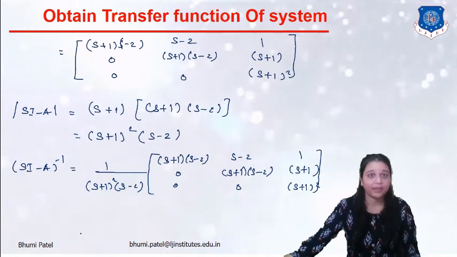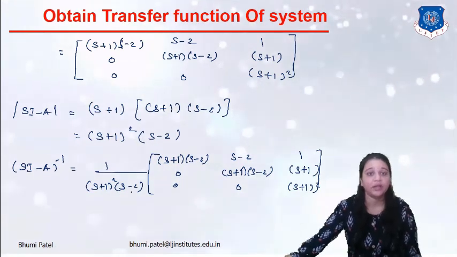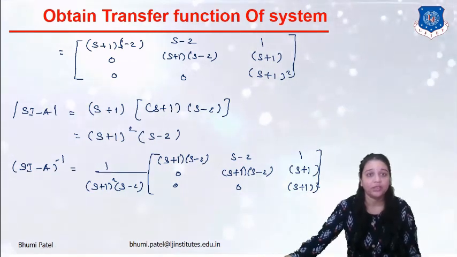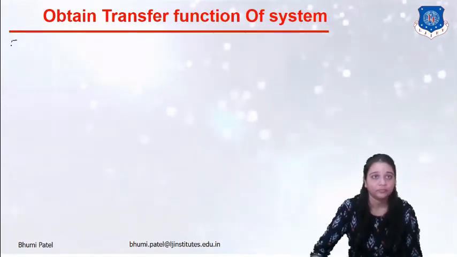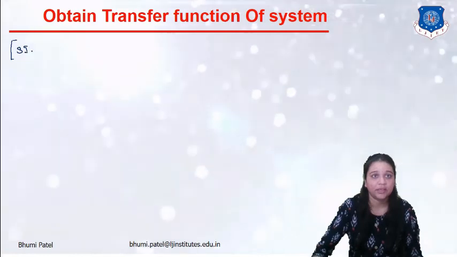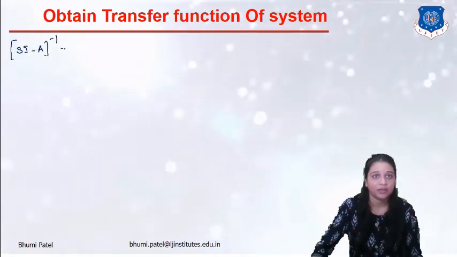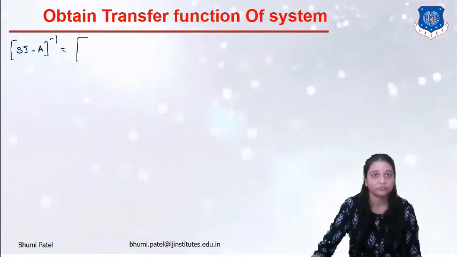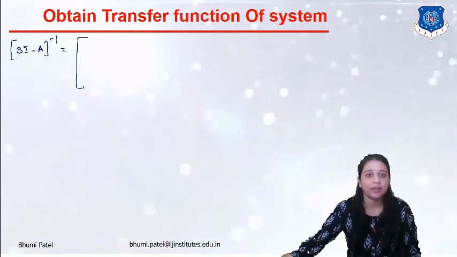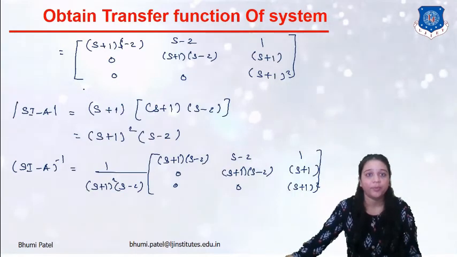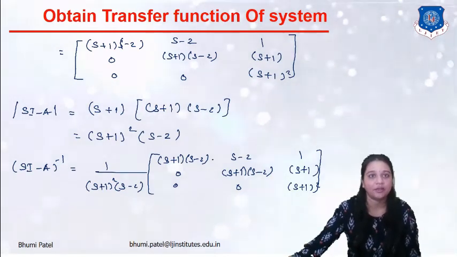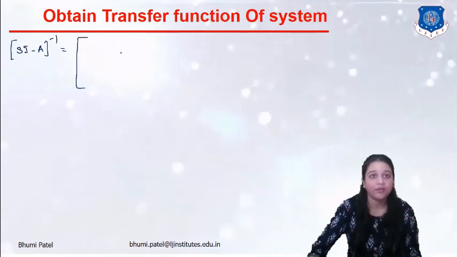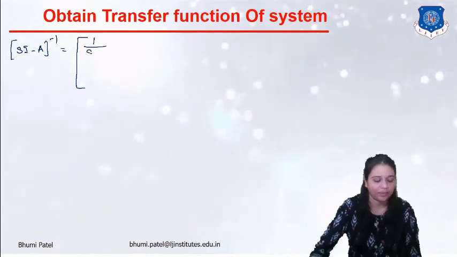Now we have to multiply the 1 upon S plus 1 square S minus 2 in this matrix. We can get sI minus A inverse is equal to, here you can see that multiply the 1 upon S plus 1 square S minus 2 into S plus 1 S minus 2. So we can get only 1 upon S plus 1.